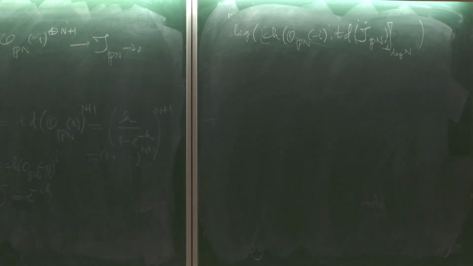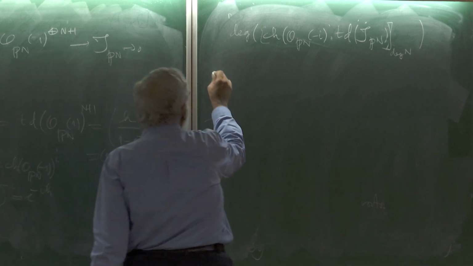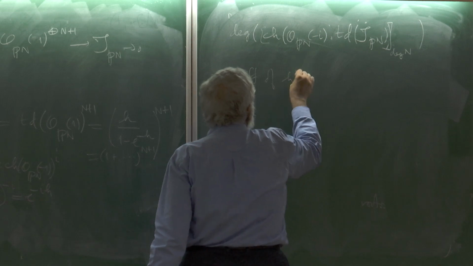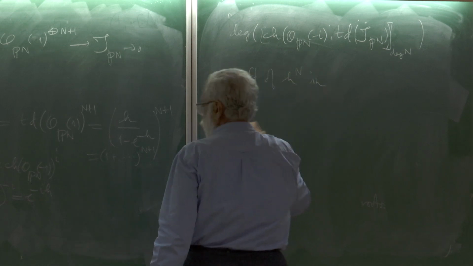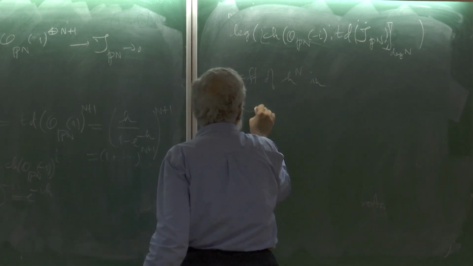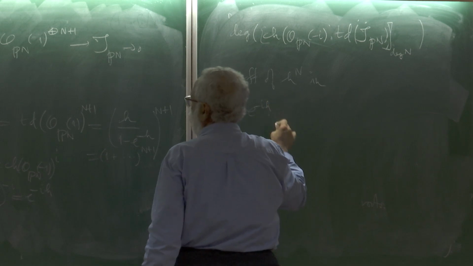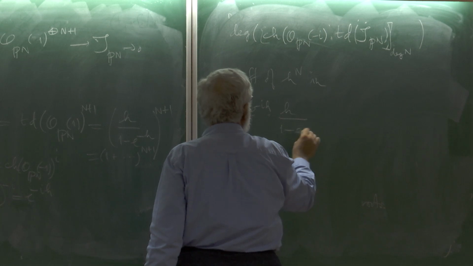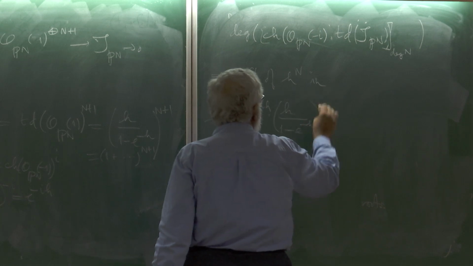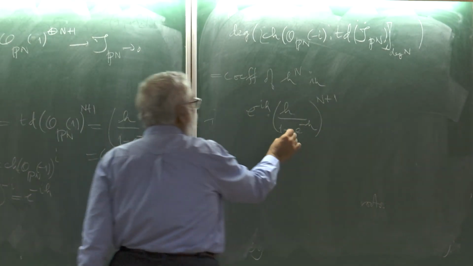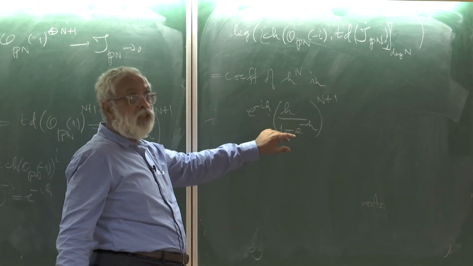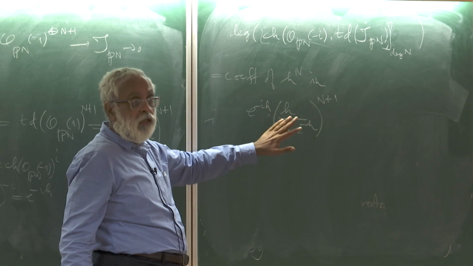So in other words, it's the coefficient of h raised to n in something written in terms of these things, e to the minus i h times h over 1 minus e to the minus h raised to n plus 1, whereas Kapil says we have to interpret this correctly. But remember, I'm only interested in the coefficient of h raised to n.